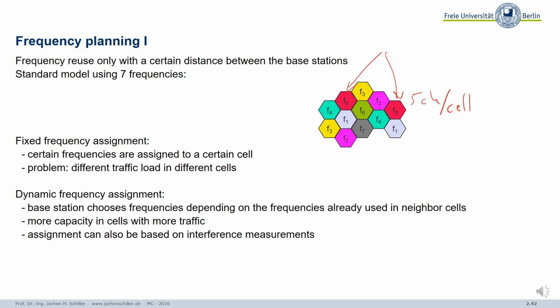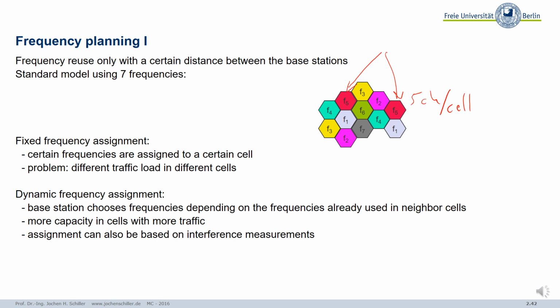So you borrow some channels. That's one of the ideas. Depending on the load, if you have more traffic, you also have more capacity because you can borrow some channels, based on interference, based on planning, whatever.